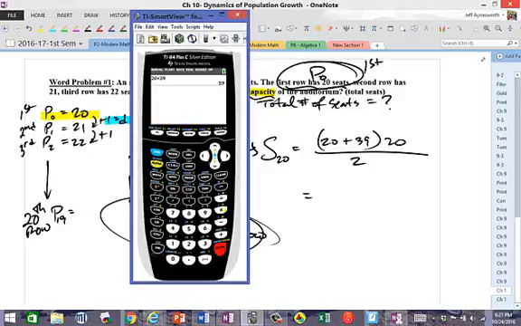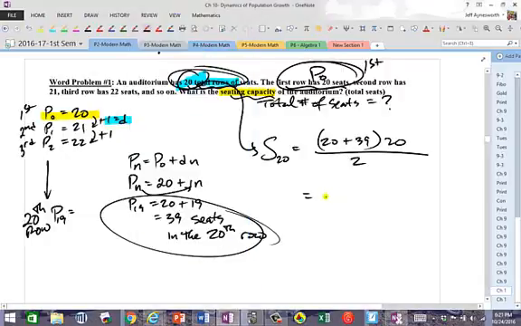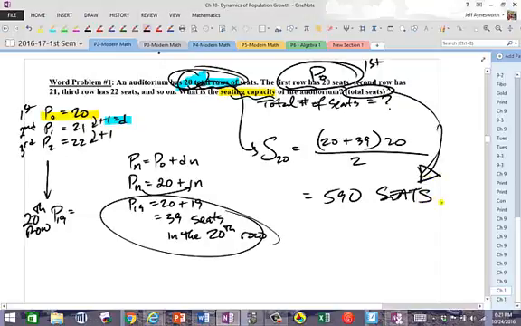So times 20, divide that by 2, and you get 590. But 590 what? 590 seats. Total seats. There we go. 590 seats in the auditorium.